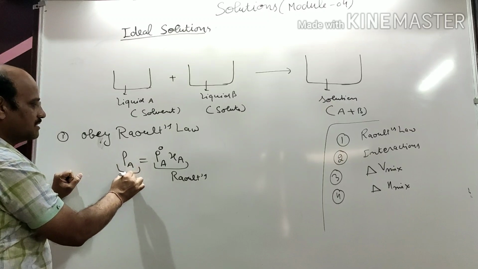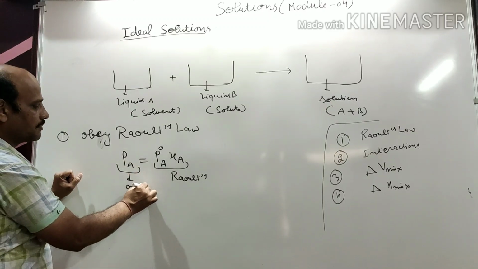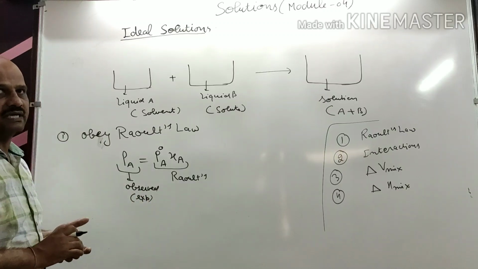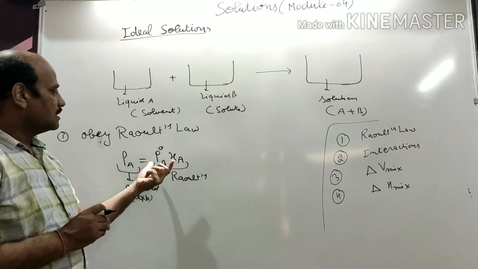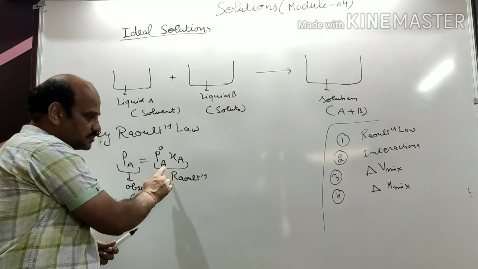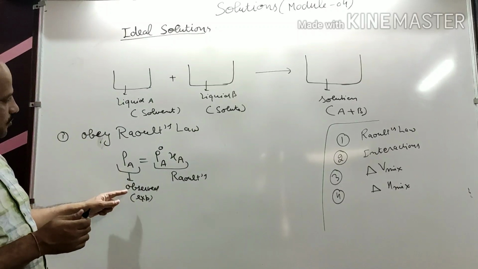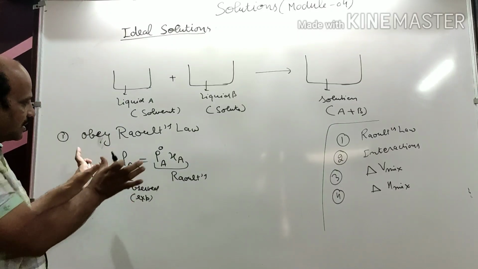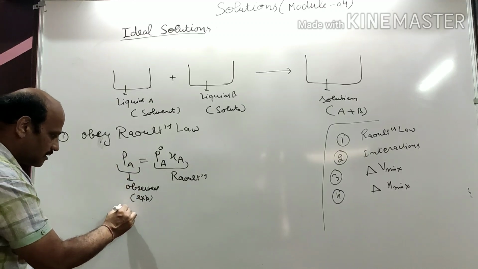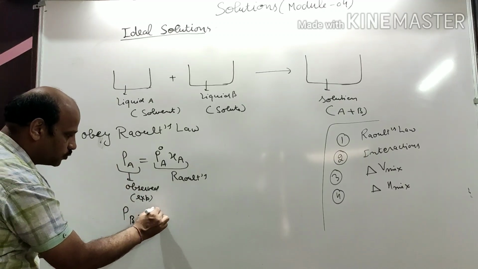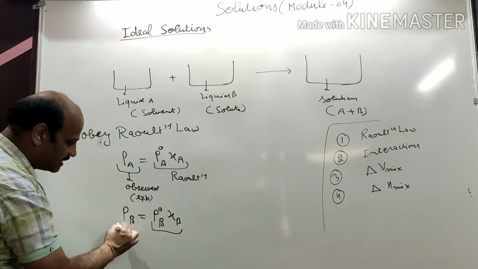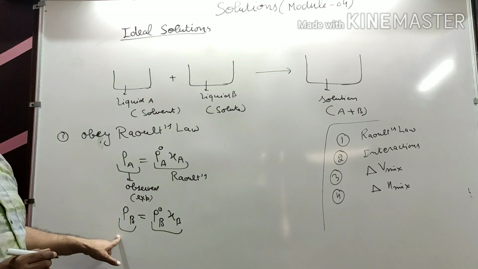And this P_A is the observed vapor pressure, obtained by experiment. Both vapor pressures, the one that comes from Raoult's law and the one that comes from reality or experiment, should be the same. Like that, P_B should equal P naught B times X_B, from Raoult's law and from experiment.